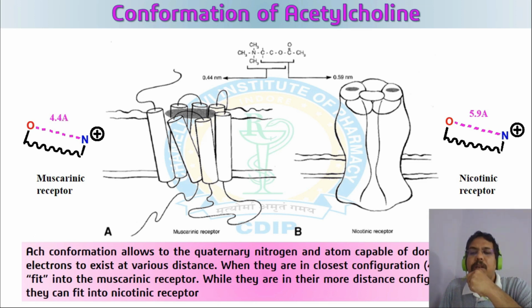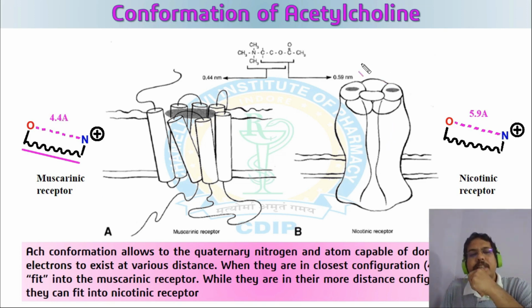So, if we look at both receptors, that is the muscarinic receptor and the nicotinic receptor. In the case of the muscarinic receptor, the distance from the quaternary amine nitrogen to the oxygen, which is able to form a hydrogen bond, is 4.4 angstrom.